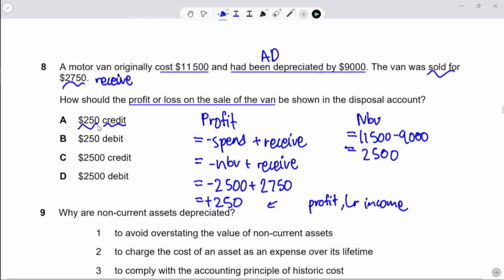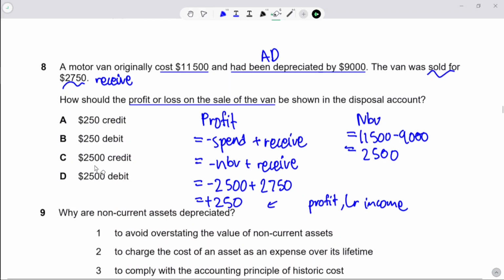So credit 250. However, this is not the answer. Why?